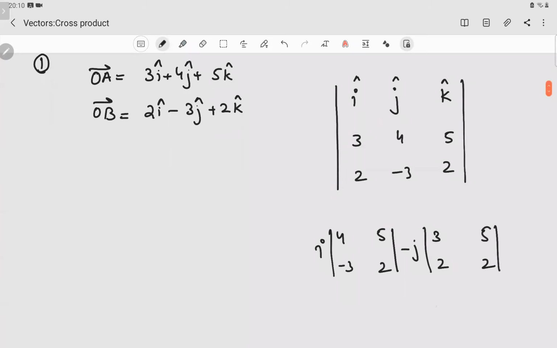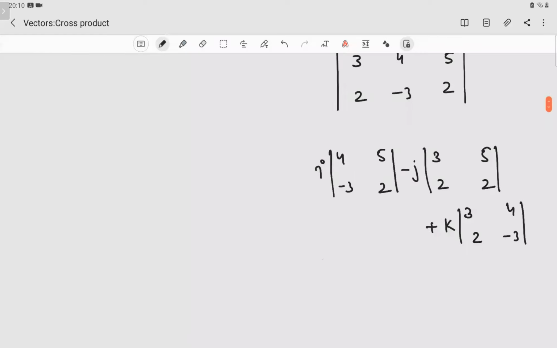We have formed a determinant whose first row is the unit vectors i, j, k, whose second row is the vector OA, and whose third row is the vector OB. Now let's expand it.